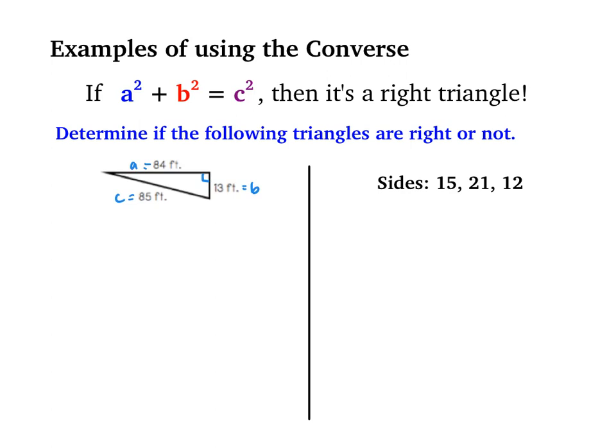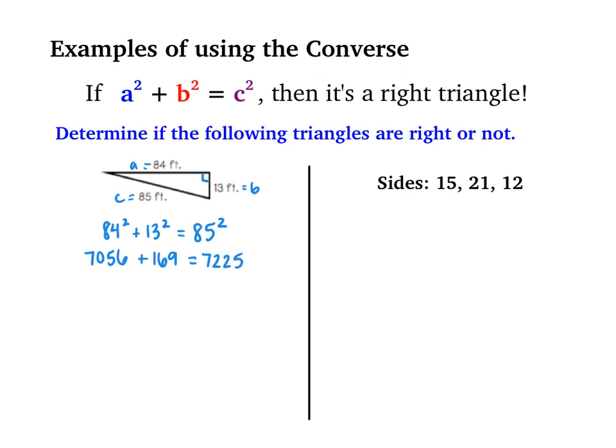Next, I'm going to plug those values into a squared plus b squared equals c squared. So I would have 84 squared plus 13 squared, and I'm trying to see, does that actually equal 85 squared? 84 squared is 7,056. 13 squared is 169, and I'm trying to see if that equals 85 squared, which is 7,225.